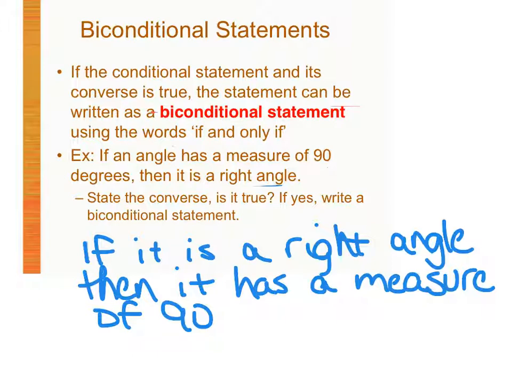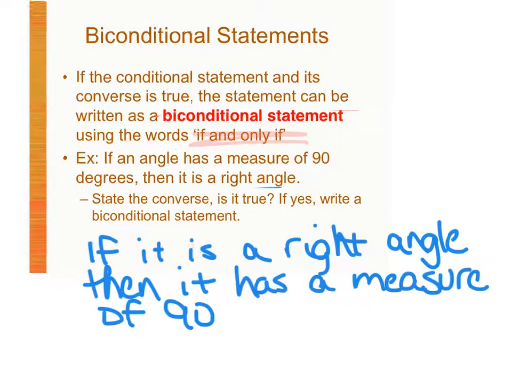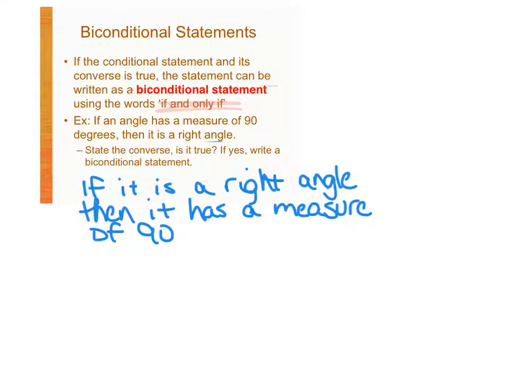And I'm going to include the words if and only if. And here's how we're going to write it. We're going to drop the words if and then, and in the middle, I'm going to put if and only if.